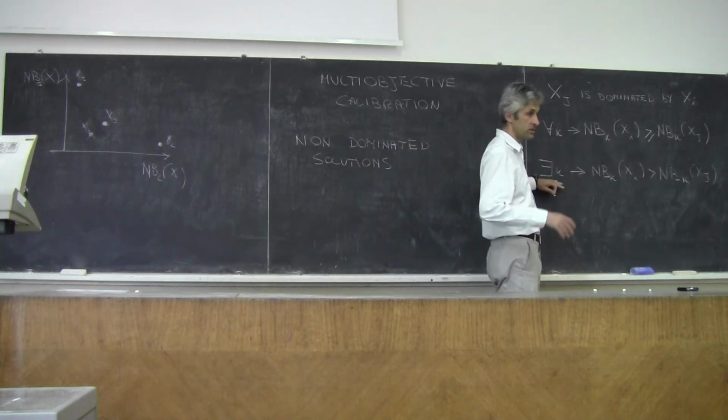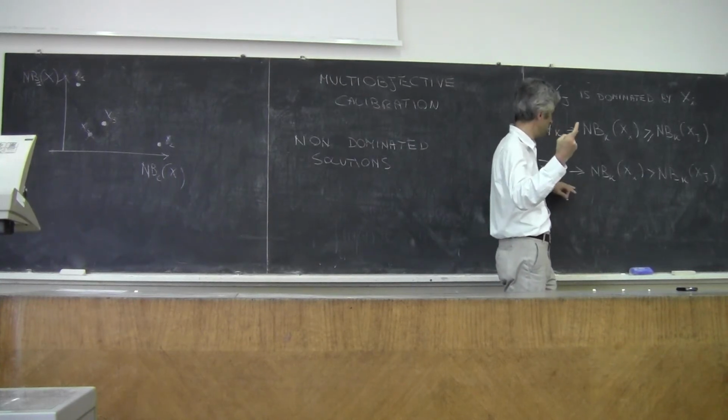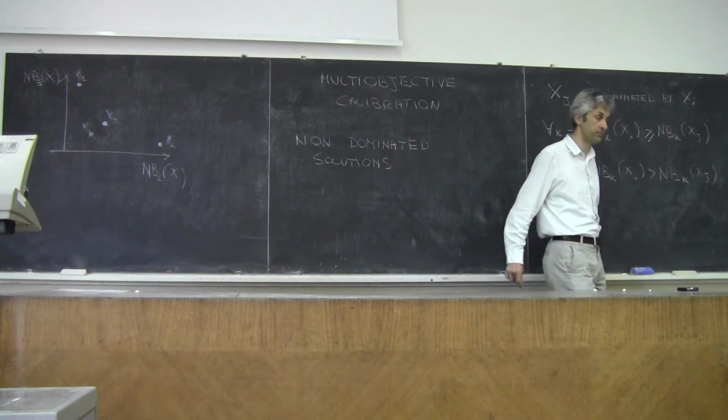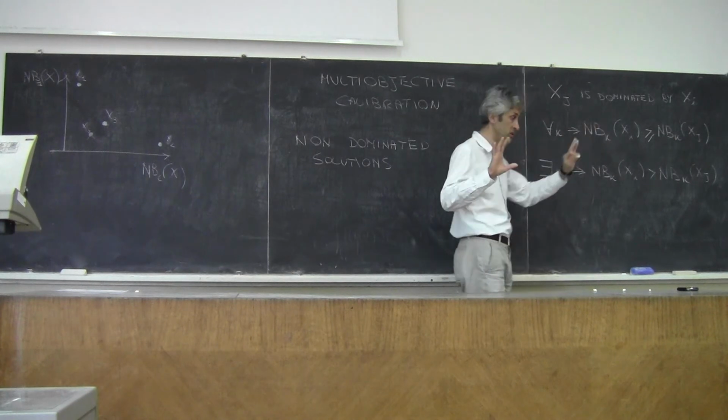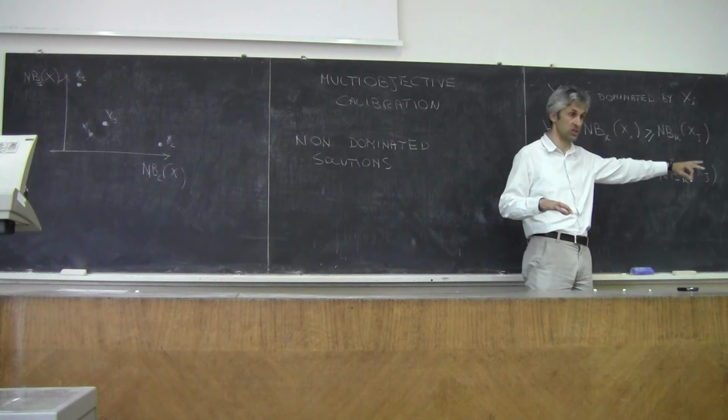And here the meaning of the symbol is there must exist one value of k for which we have strict inequality, strict majority of that benefit k for xi with respect to xj.